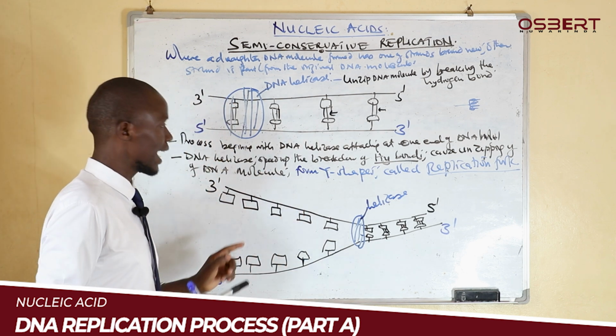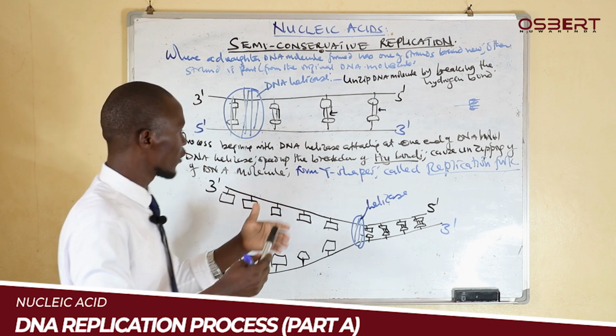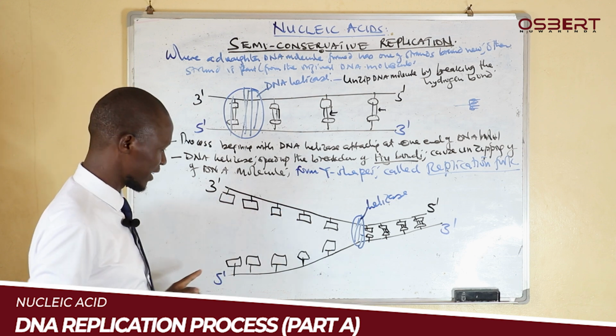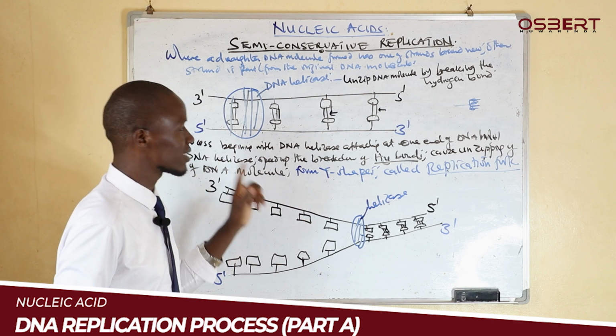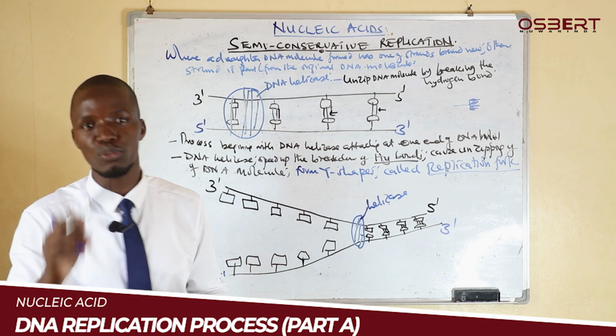Now, after that has happened, we have seen that you form a structure like a Y. I hope you are seeing this one is really looking like a Y. This is the Y we are talking about, and we are referring to that Y structure as a replication fork.